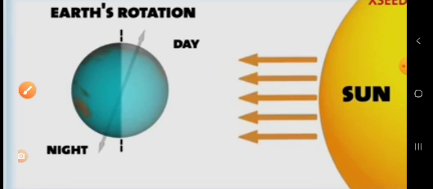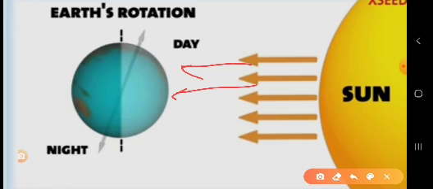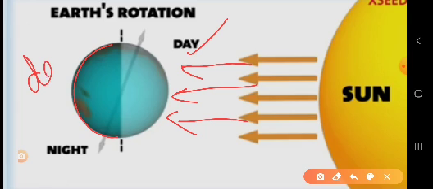So children, the part of the earth which is facing sunlight, which is facing sun, is day, and the part of the earth which is completely dark is night. Have you understood, children? So we have 24 hours. Out of 24 hours, 12 hours is day and the remaining 12 hours is night.